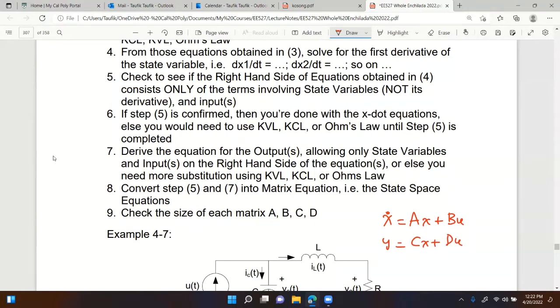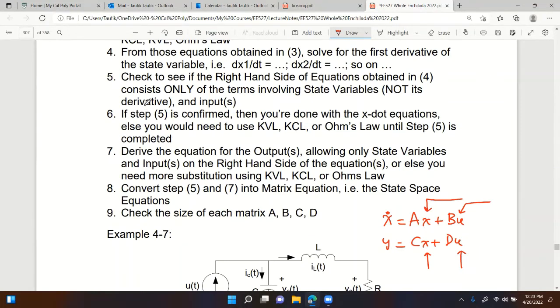So you can see from these state space equations, the right-hand side of the equation must only consist of state variables and inputs. See that? Nothing else. If you see something else, then you have to substitute the equation with something else, so that at the end you get just x and u on the right-hand side of the equations.